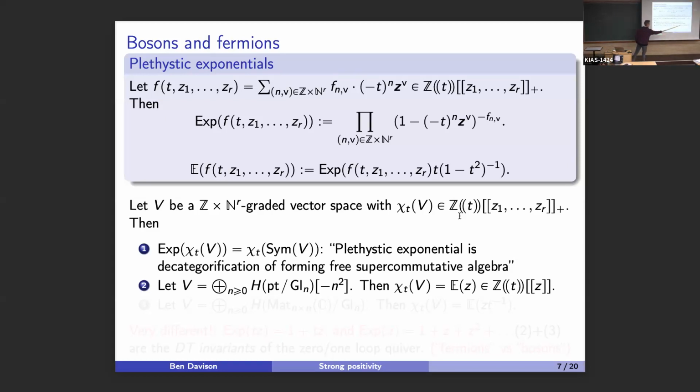It's just this Exp applied to this very simple formal power series. So that's the first calculation, and that's called the quantum dilogarithm for people who are trying to. Okay, here my R is just 1.